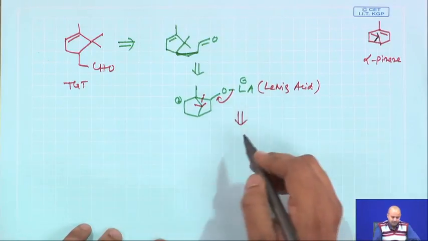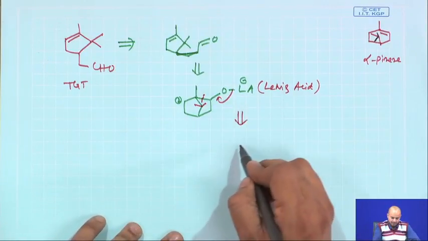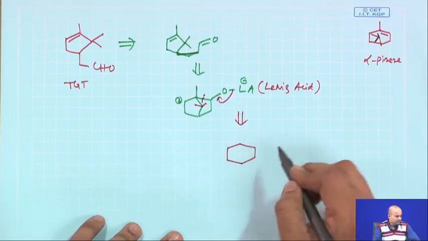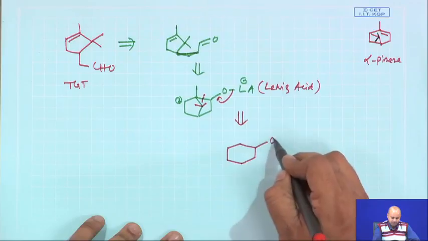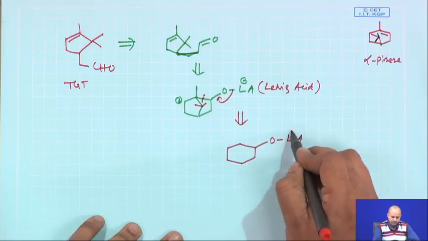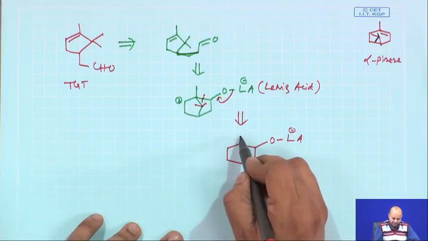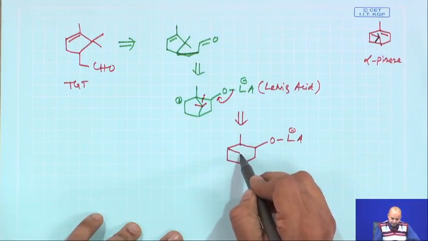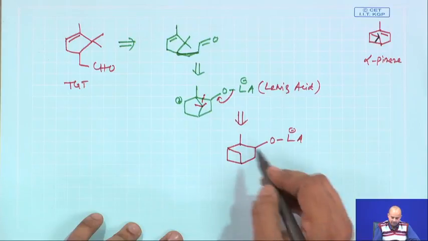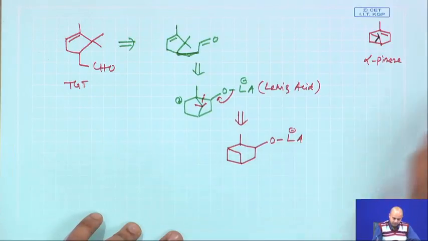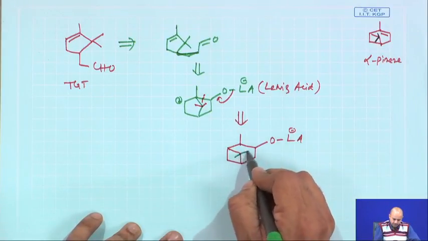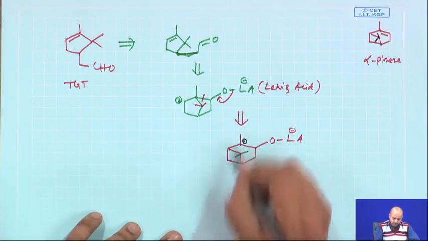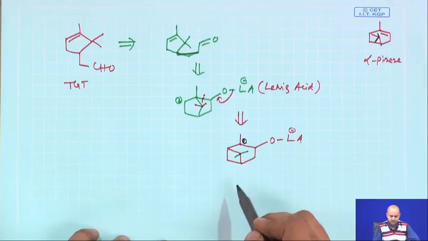Now, if this kind of rearrangement reminds you of something, okay, let's continue with another round of retro. The next retro is, I said, okay, this oxygen is coordinating with the Lewis acid, fine, and now what I am doing is rearranging another carbonium ion in this way, putting this methyl here, and now I am saying that this carbonium ion has this structure.